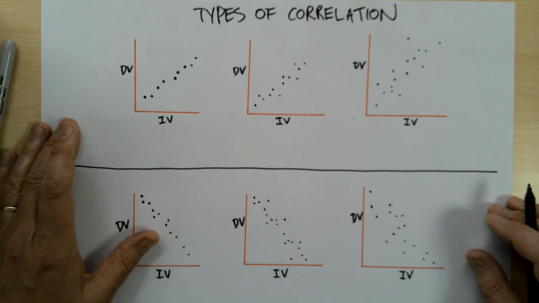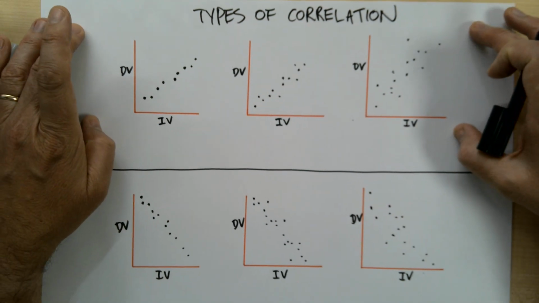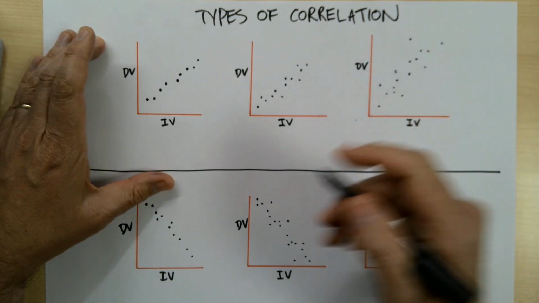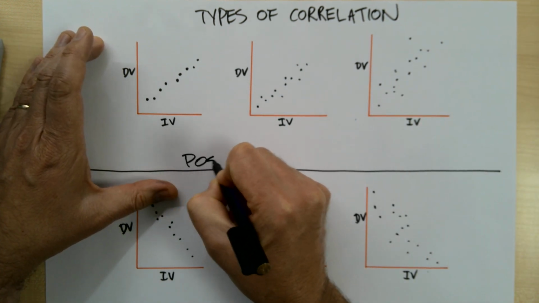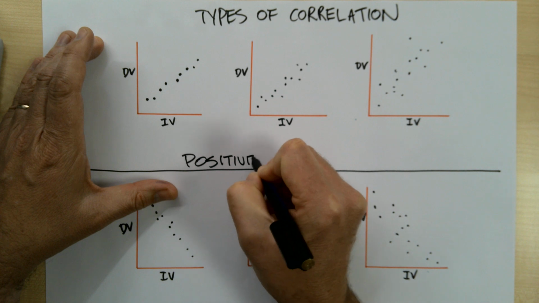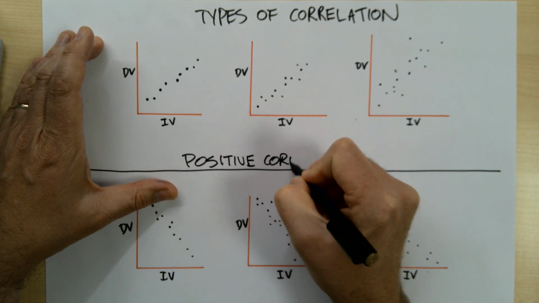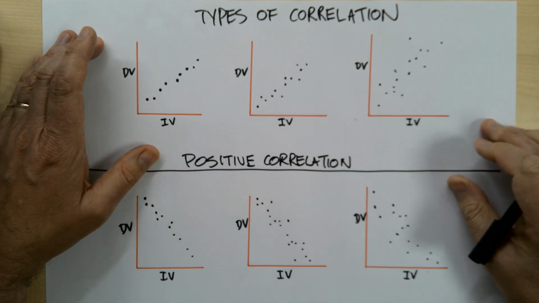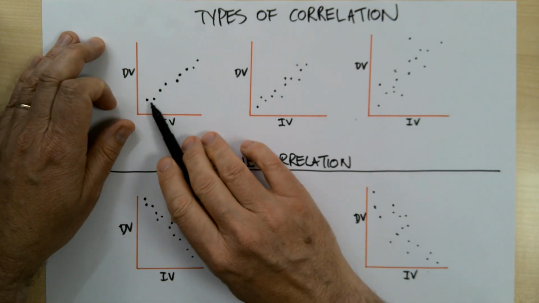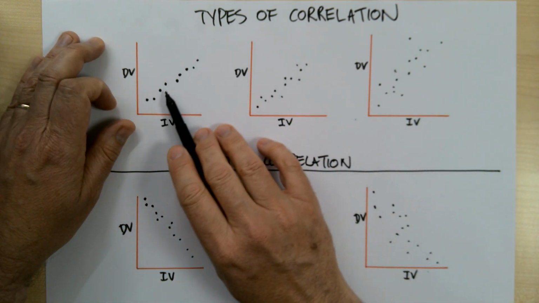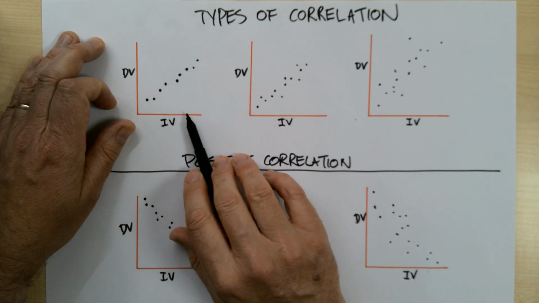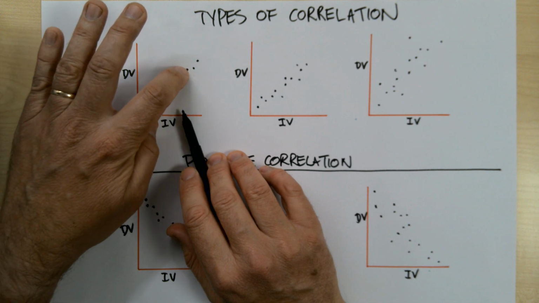Let's look at this top bit here. All 3 of these are positive correlation. That's what they all have in common. How do I know that? It's because the general trend is it's climbing to the right. In other words, as you move along here, it goes up.